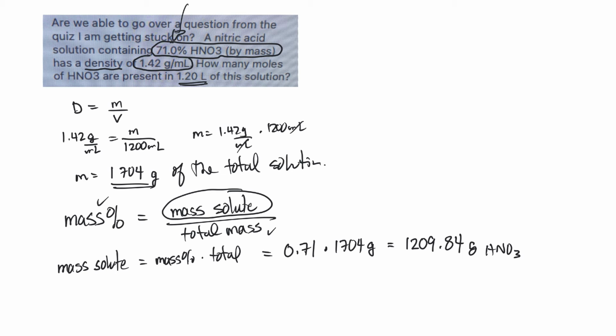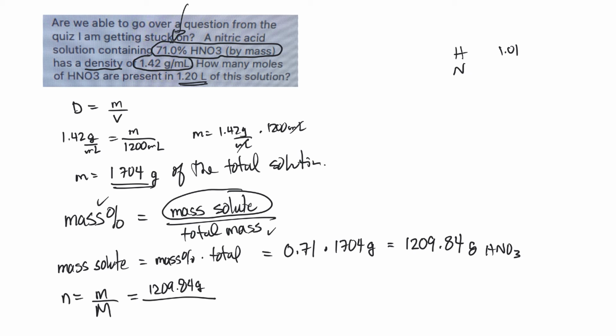So then the question says, how many moles of nitric acid are present? So moles is equal to mass over molar mass. The mass is 1,209.84 grams divided by the molar mass of nitric acid. Let me do this up here. One hydrogen, 1.01.